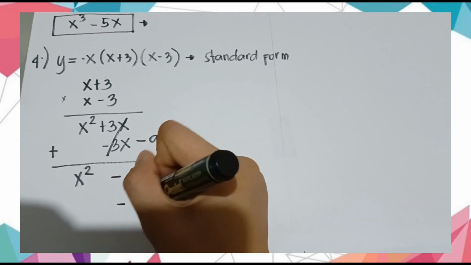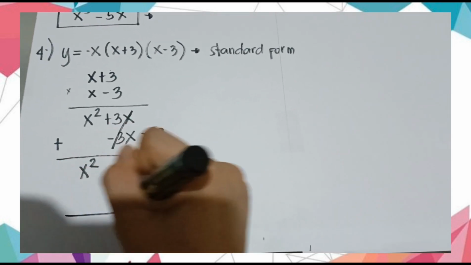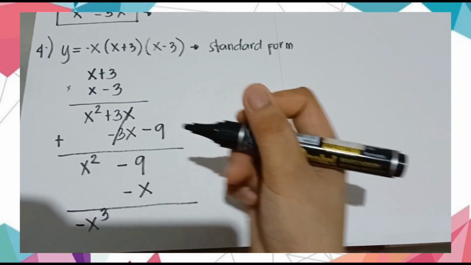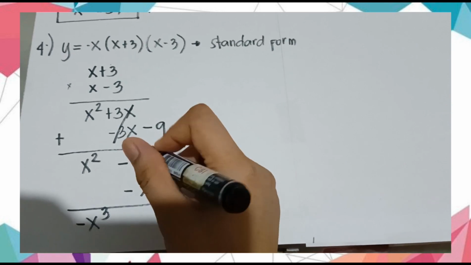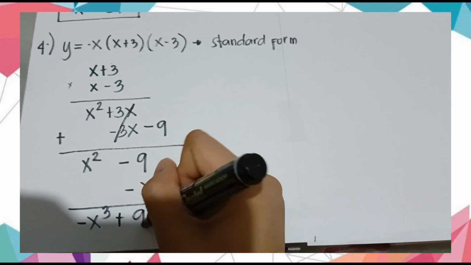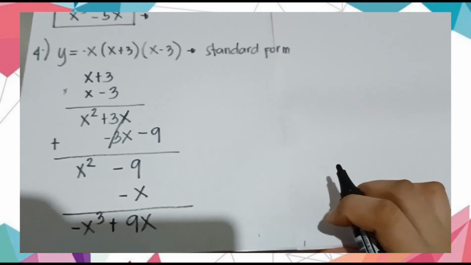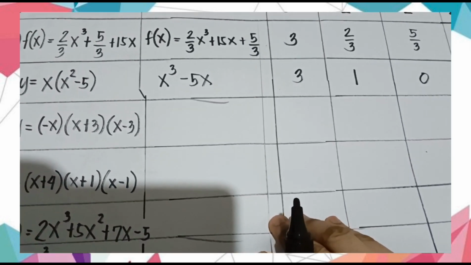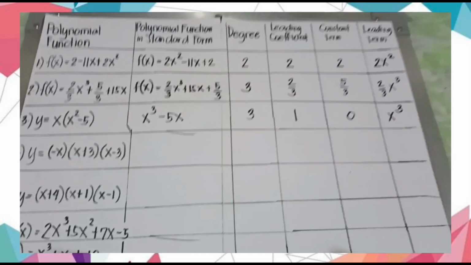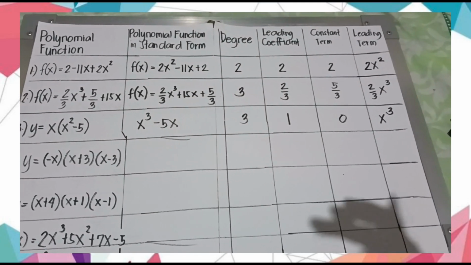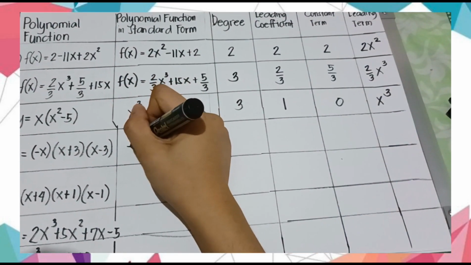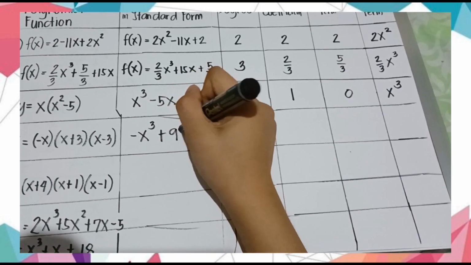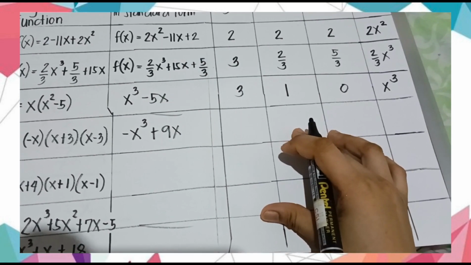So we multiply again by negative x. x squared times negative x gives us negative x cubed. And then negative 9 times negative x gives us positive 9x. So the standard form of y equals negative x times the quantity x plus 3 times the quantity x minus 3 is y equals negative x cubed plus 9x.